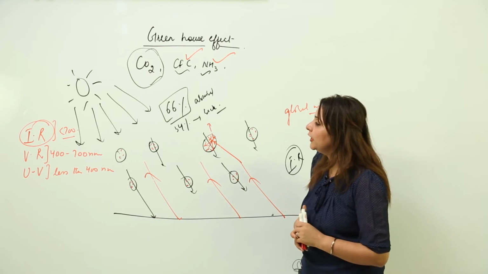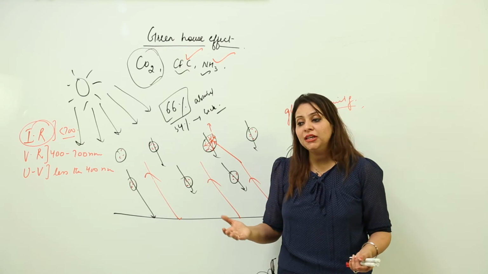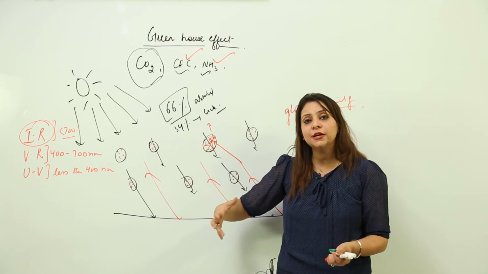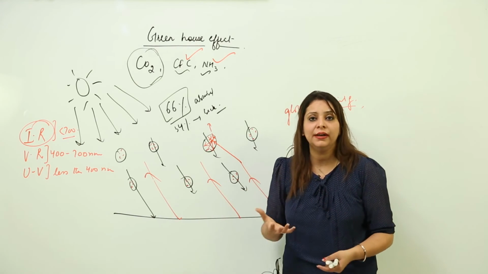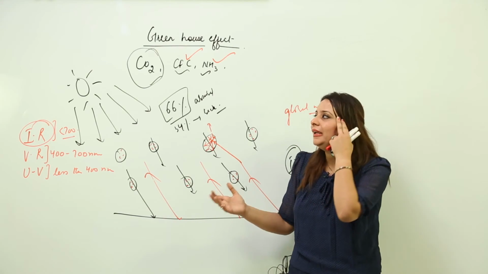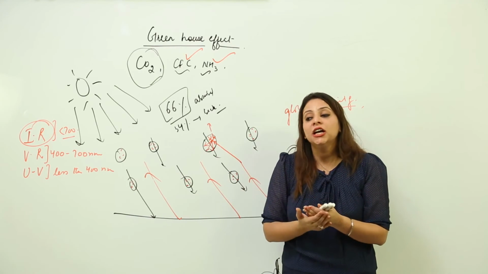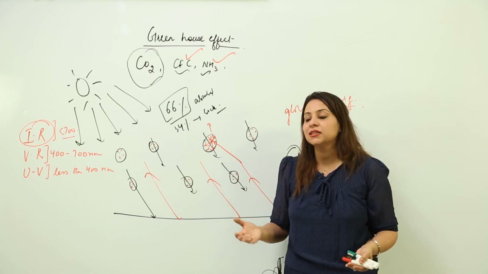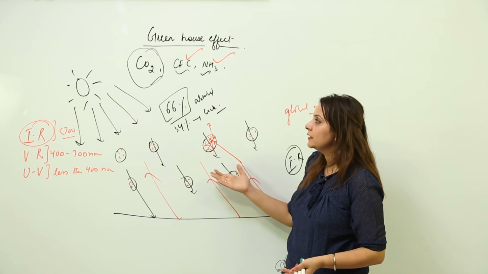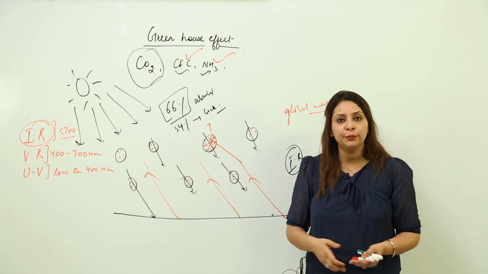Moreover, when CO2 increases beyond a certain limit in the atmosphere, plants are forced to take up CO2 at a faster rate, which will affect their growth. So the greenhouse effect can disturb our ecological balance. It can disturb everything, and it is again a harmful consequence of air pollution.